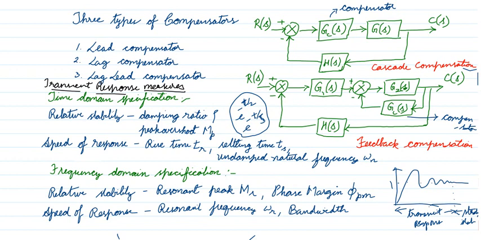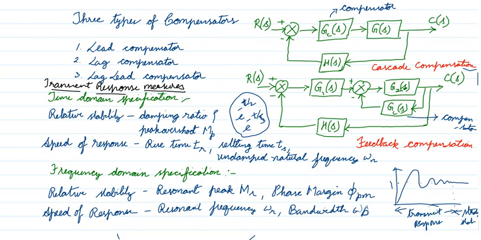These specifications are given in the time domain. I can give the specifications in the frequency domain also, like resonant peak and phase margin to improve the relative stability, and resonant frequency and bandwidth, that is omega b, to improve the speed of the response.